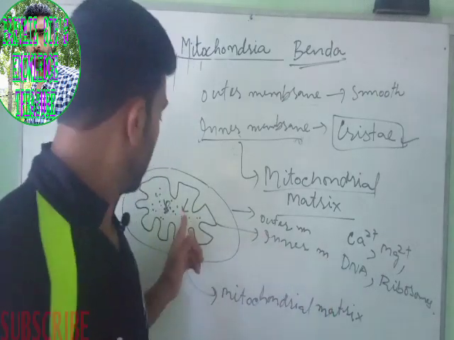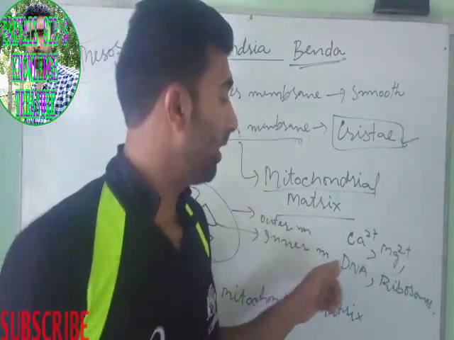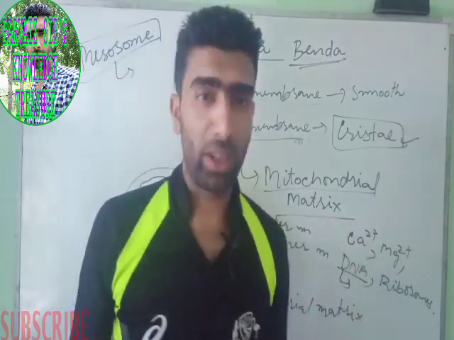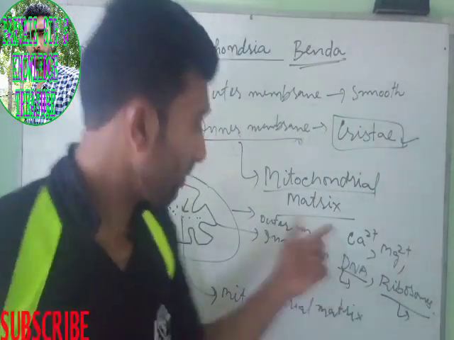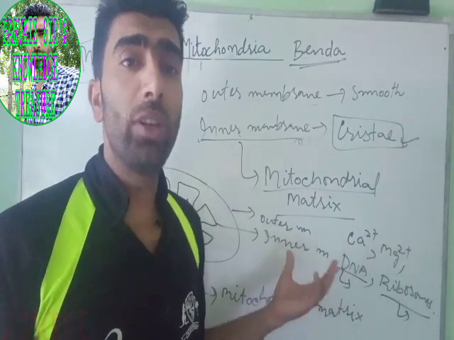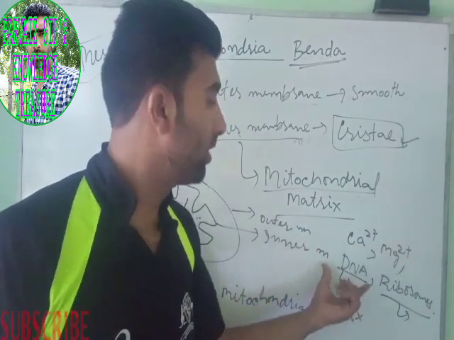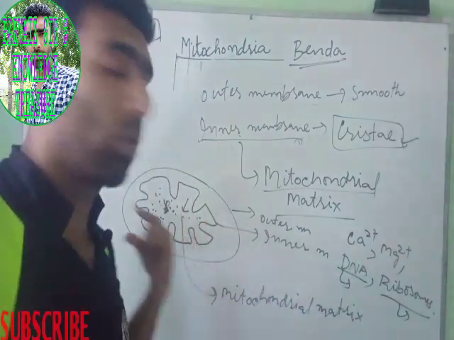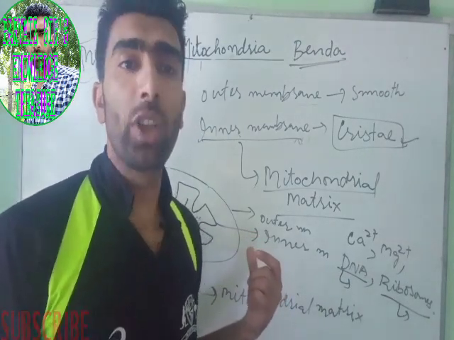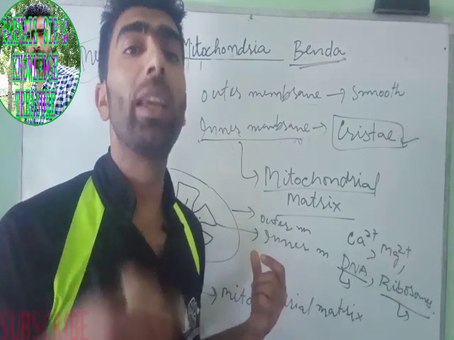Mitochondria has its own DNA, but this DNA is of prokaryotic type. And ribosomes are also prokaryotic, that is 70S type. Due to the presence of this DNA, it is capable of replication or self-duplication.